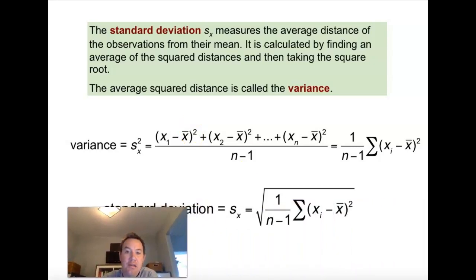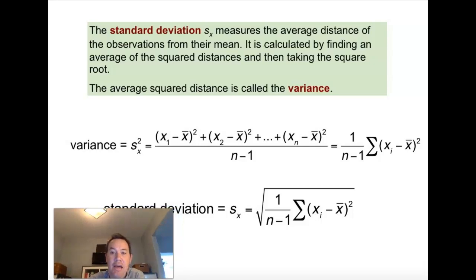All right, so standard deviation measures the average distance of the observations from their mean, and it's calculated by finding an average of the squared distances and taking the square root. The squared distance is called the variance. This is going to be really important later in the year. So variance equals standard deviation squared, meaning variance is just the standard deviation formula without the square root over it.